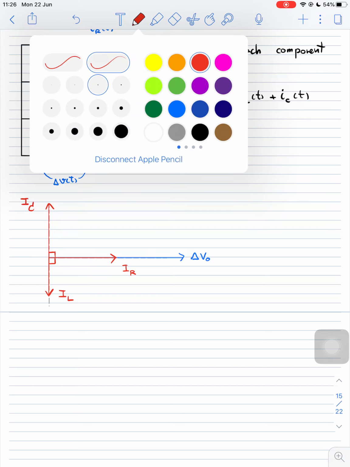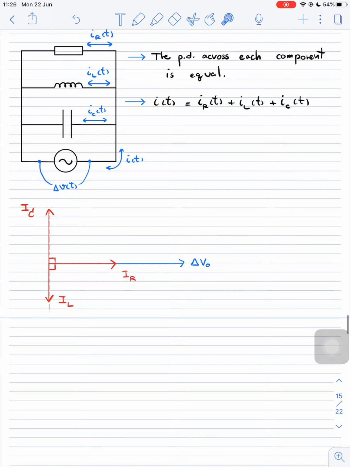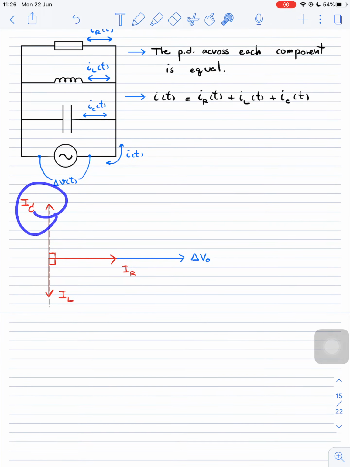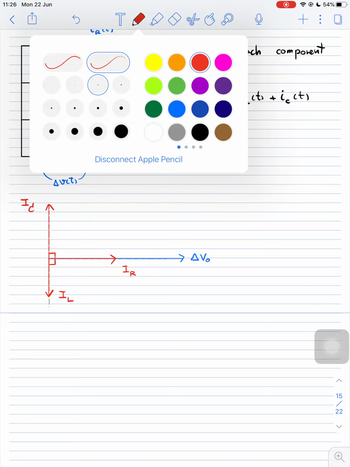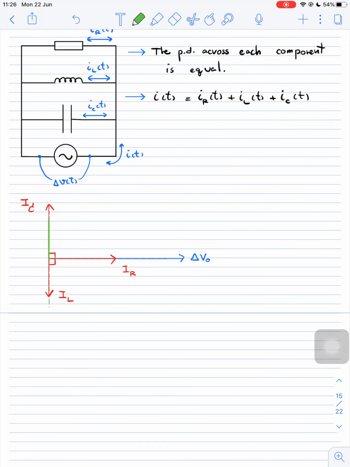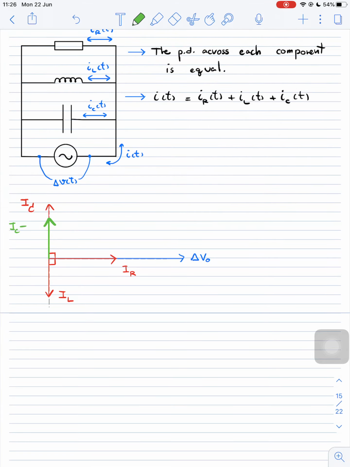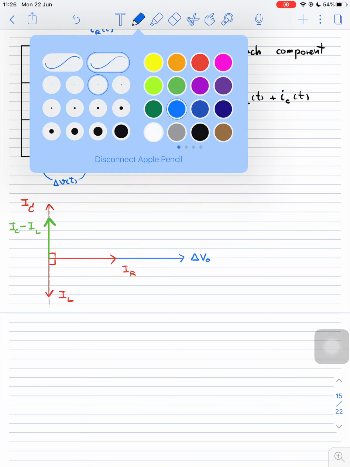So now we want to combine, again, we want to find the I naught, the total maximum current amplitude here. Then again, we need to combine the IC, the IL, and the IR as vectors. So for the IC and the IL, let me assume that the IC is greater than the IL. Then this one is going to be equal to IC minus IL.